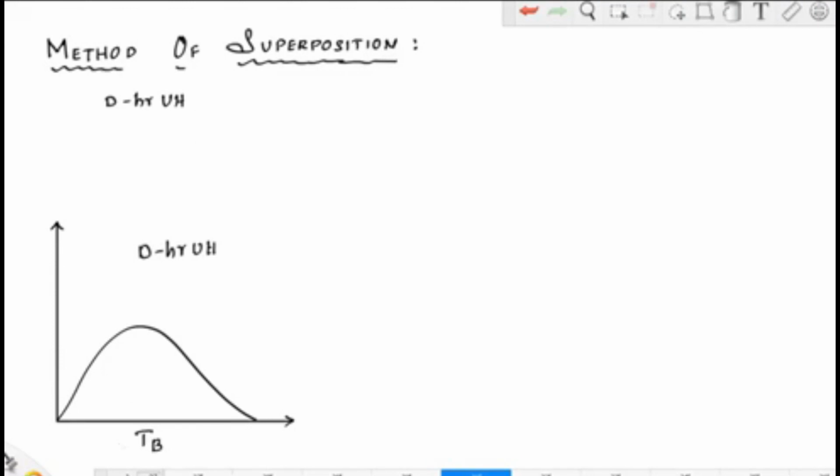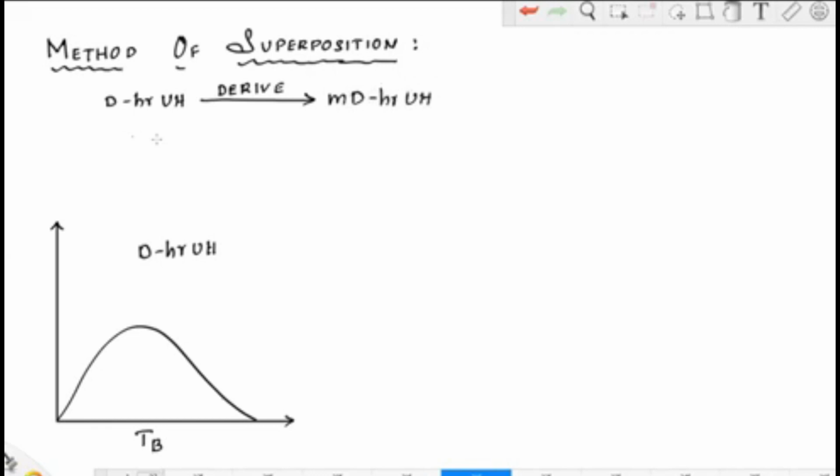From this, you are supposed to derive the MD-hour unit hydrograph.